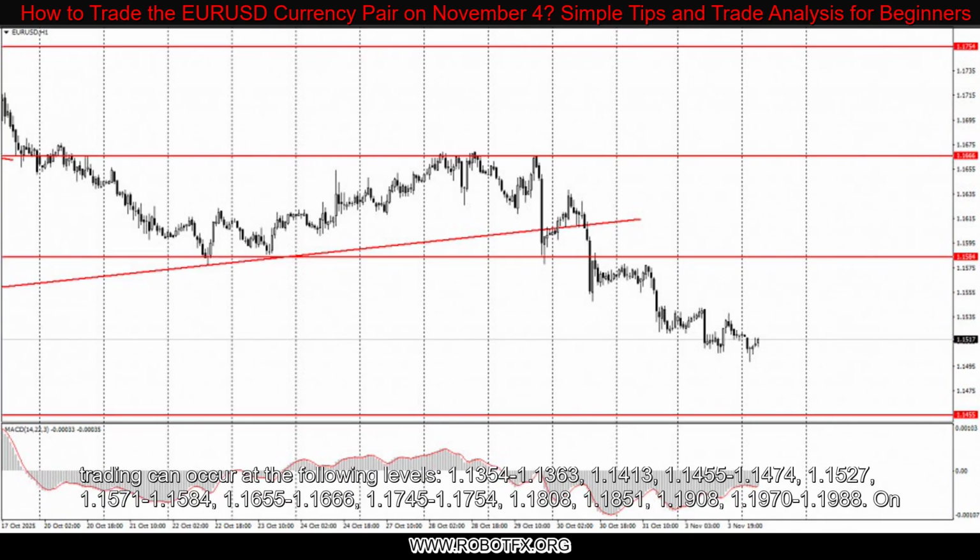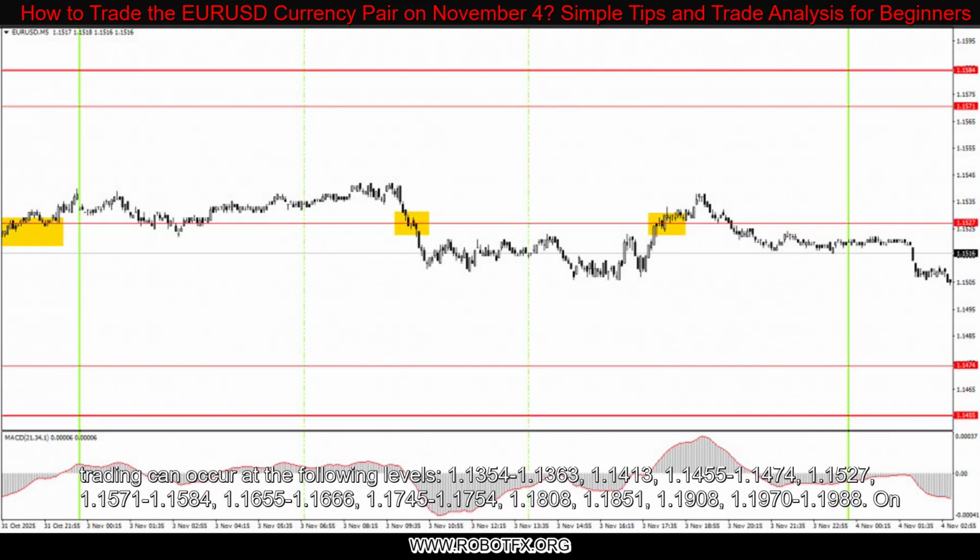On Tuesday, no significant events or reports are scheduled in the Eurozone or the US, so it is unlikely volatility will rise today, leading to significant trend movements.